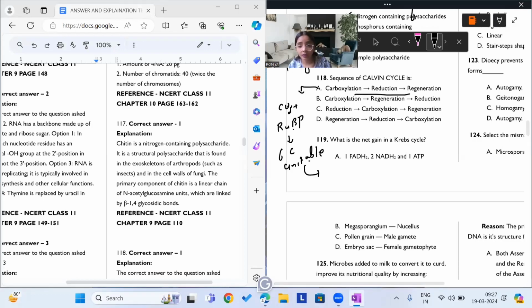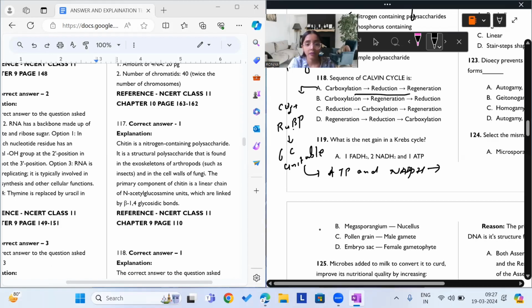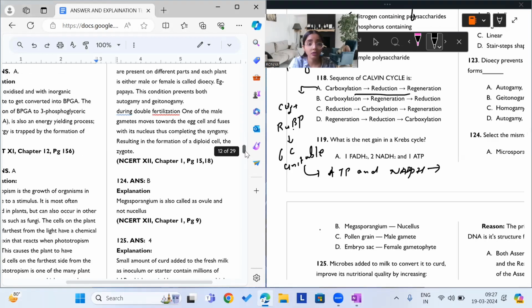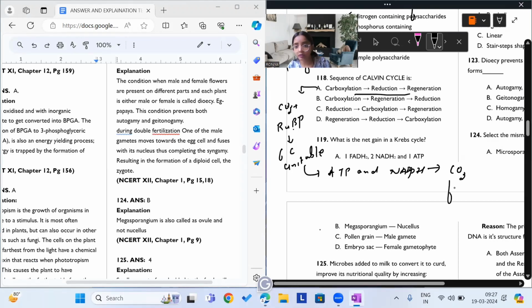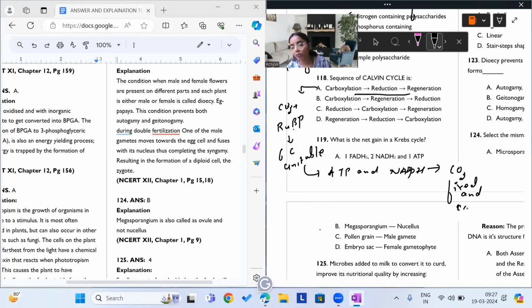This compound undergoes reduction, wherein ATP and NADPH are used. So after reduction, the carbon dioxide is fixed, and there is formation of carbohydrate.